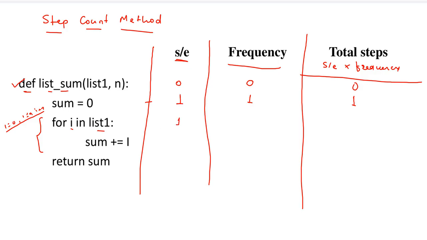Execution will be once every time, but the frequency for this for loop is, if the size of the list is n, then this for loop will execute n plus 1 times, because it will be checking. See, let's say the list has size 4. I'll take 4 elements of that list, and now the for loop is applied. It will check A is there, B is there, C is there, E is there.